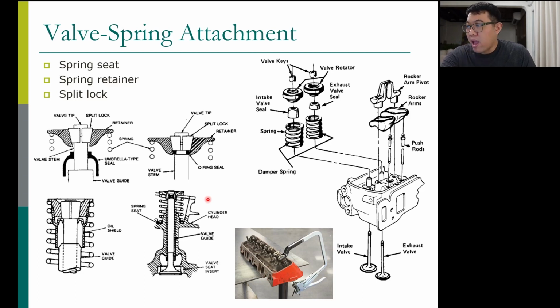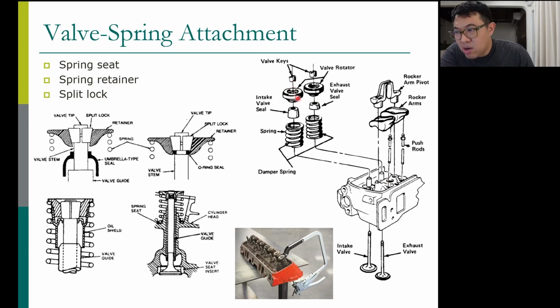And then we have the valve spring attachment. When you put valves in the cylinder head, on top you have to put springs around the stem, and then you have to put the spring retainer on top of the spring.